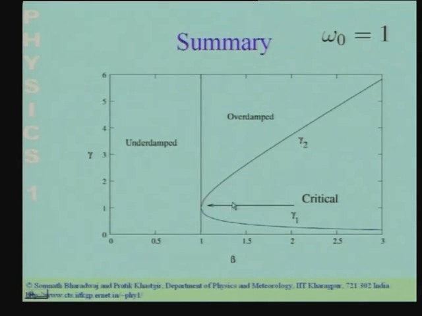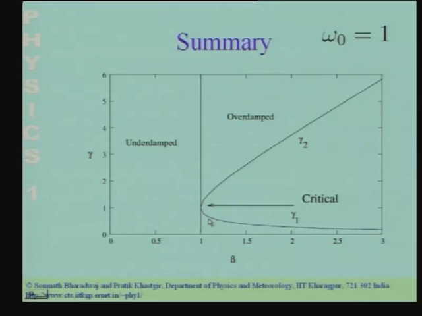So, one of the exponents increases with beta, whereas the other exponent decreases slowly with beta, as 1 by beta. So, if you increase beta, the smaller exponent gamma 1 goes to 0.